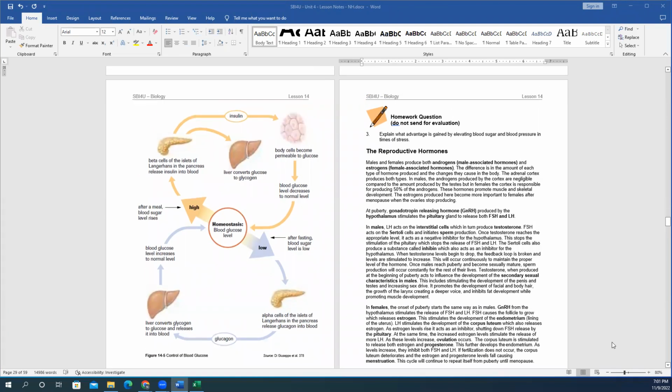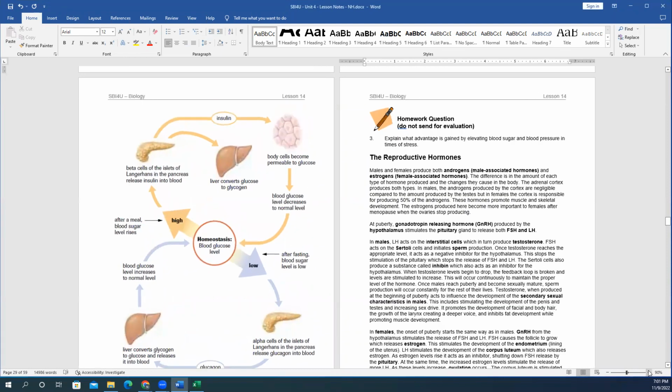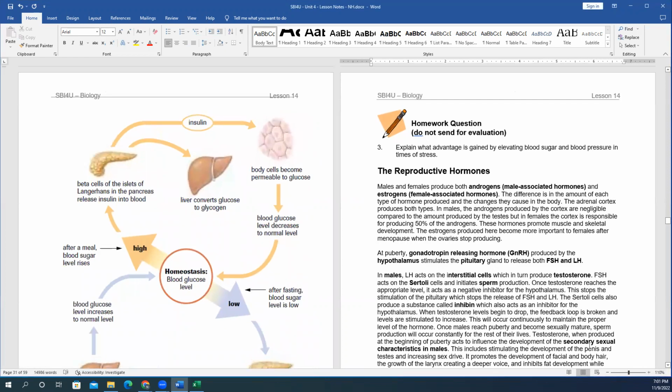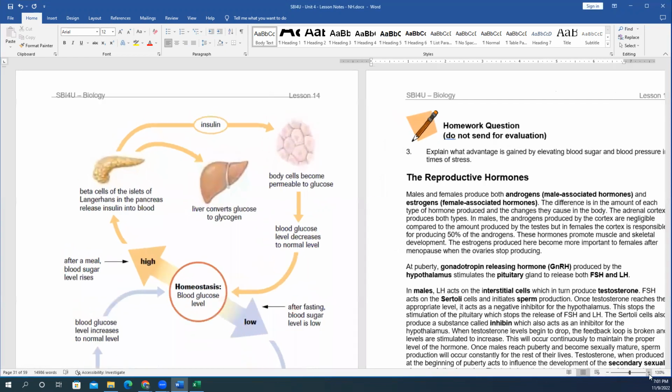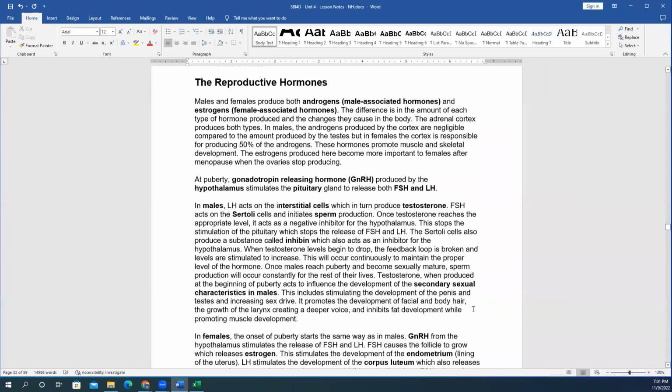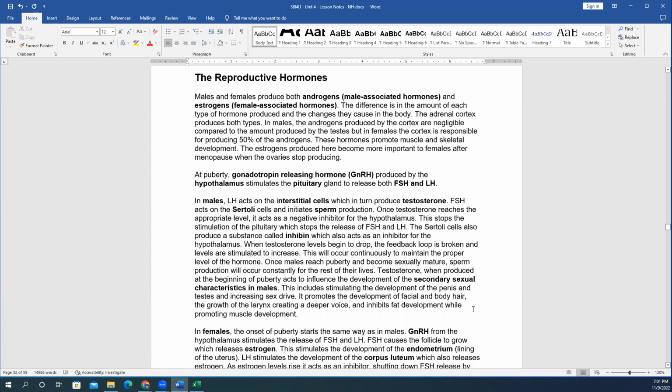now we can talk about the reproductive hormones. These are the hormones that are responsible for reproduction in males and females.